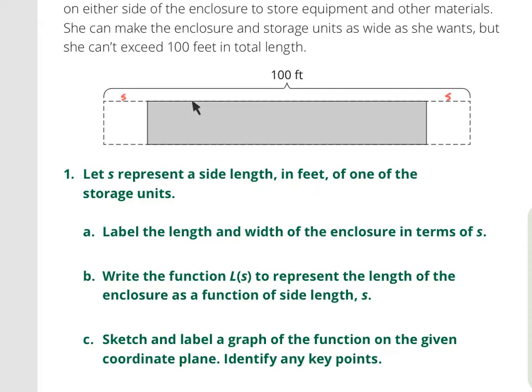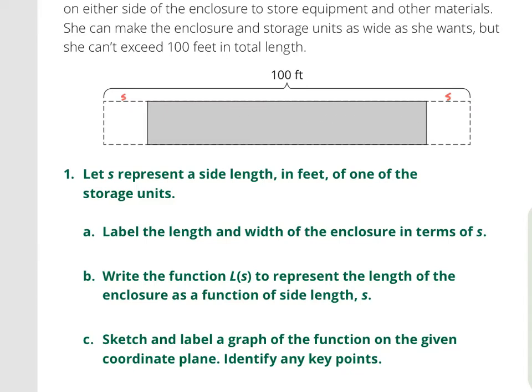So I need to label the possibilities for this. Well, if the whole thing can be 100, that means I have to take away whatever this is and whatever this is from 100, and that leaves me with this distance right here. For instance, if this was 20, and that means this is 20, I would say 100 minus 20 is 80, minus 20 is 60. This one has to be 60 feet.